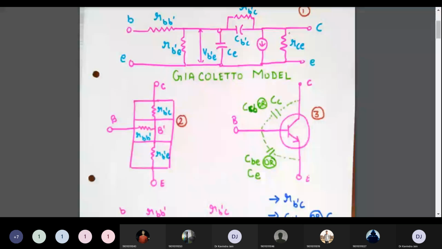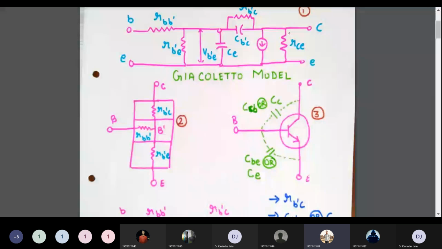In actual sense, it would be C B E. So it is written C B E or C E. Up till now, we have studied this diffusion capacitance, the Giacoletto model, the hybrid pi CE model, and why we are going for the hybrid pi model instead of H parameter models. Am I right? Am I wrong? Please respond. Yes, sir.